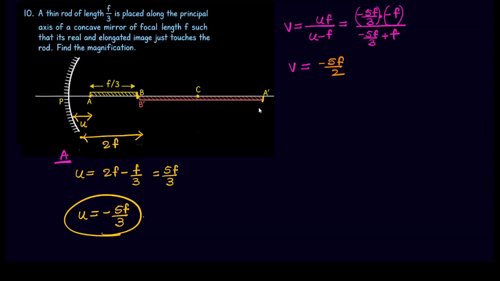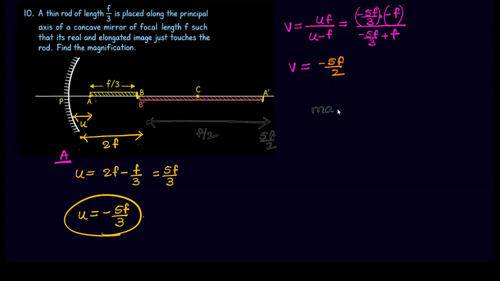Now this object length we know is F by 3, and this is 2F. Can I find this one? This is nothing but the image length. At this location it is 5F by 2, that is 2.5F, so this is nothing but F by 2. We need the magnification.